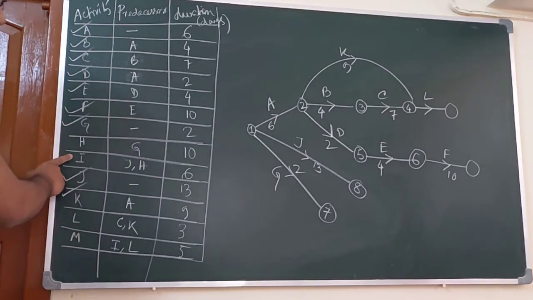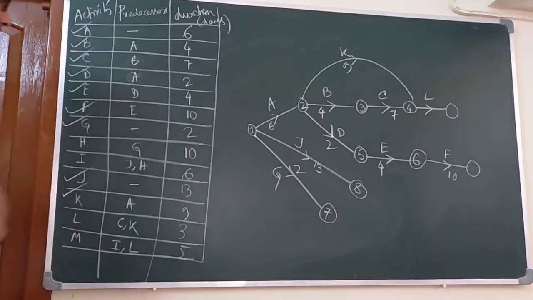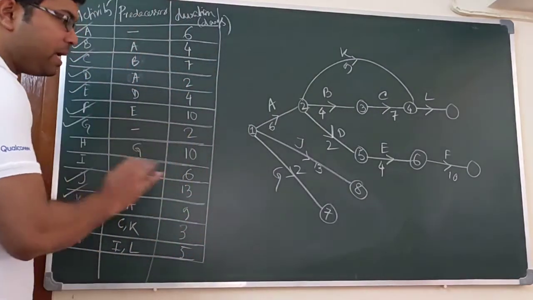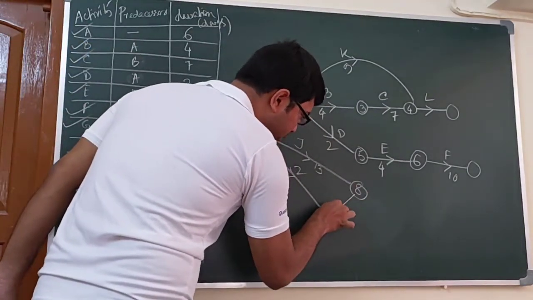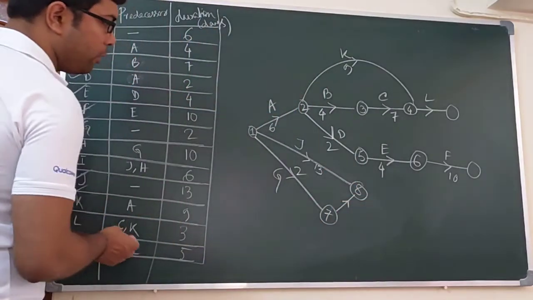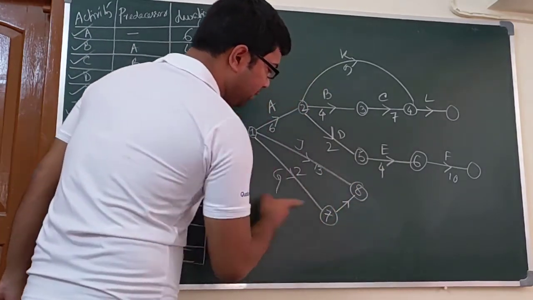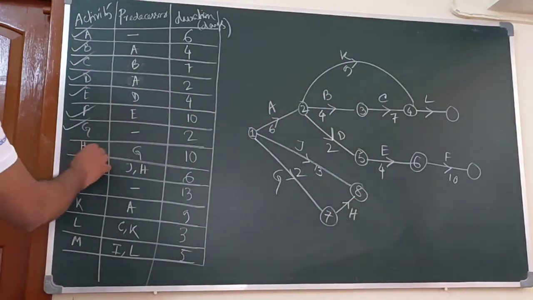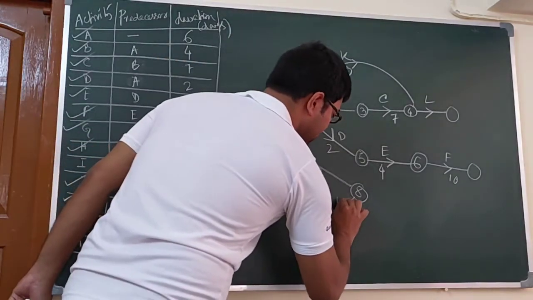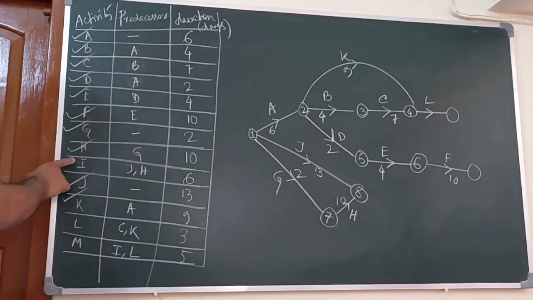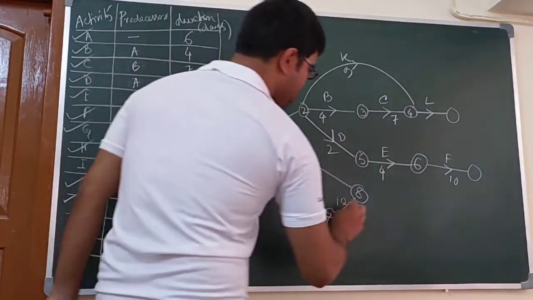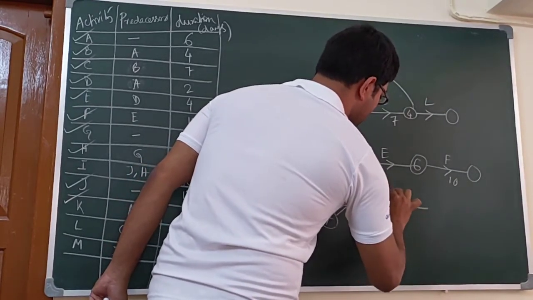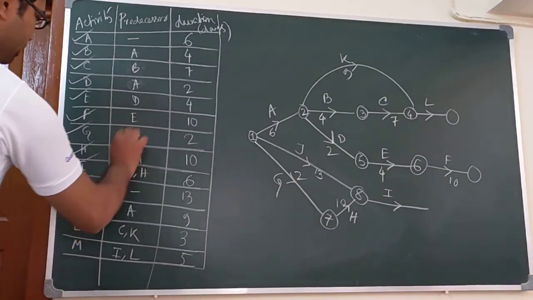I starts after the completion of both J and H, and H comes from G. To reduce the number of dummy activities, we can draw this line. This activity comes after the completion of G, so this would be H, and the duration is 10 days. I comes from J and H. Let this be our I, with duration 6.